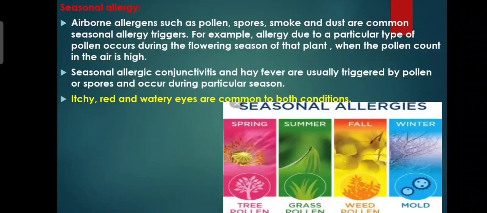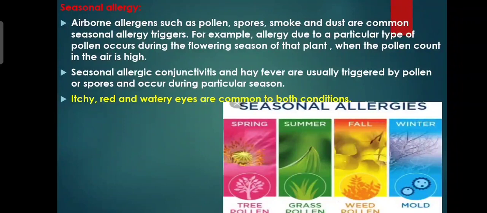Next one, symptoms of seasonal allergy. Symptoms of seasonal allergy range from mild to severe. The most common include severe sneezing, a runny or stuffy nose, watery and itchy eyes, itchy sinus, throat or ear canals, ear congestion, post-nasal drainage.